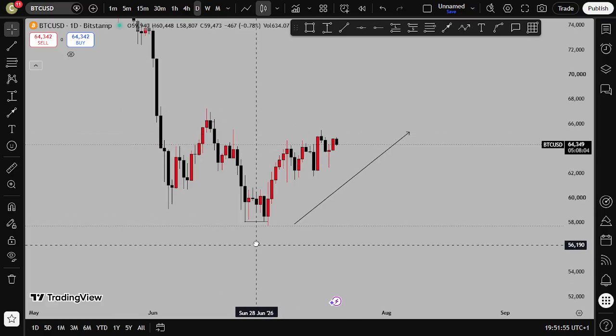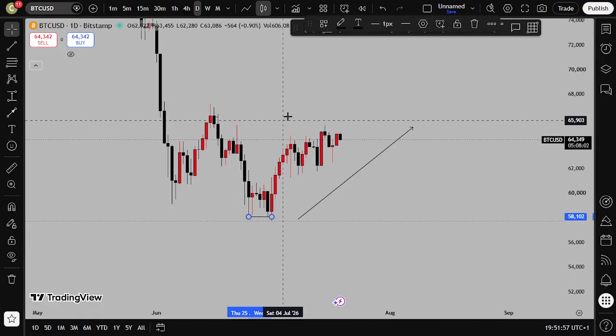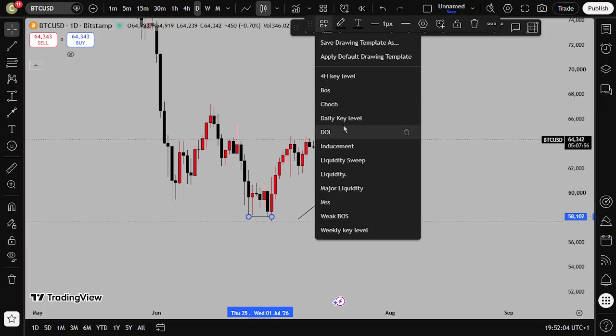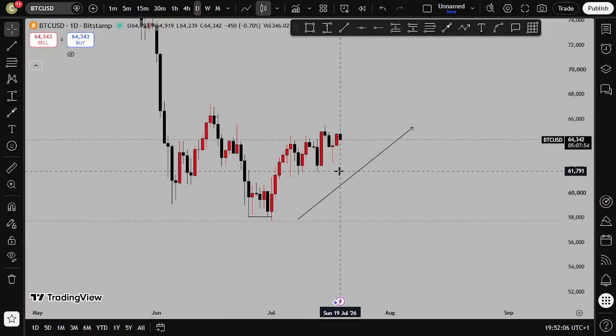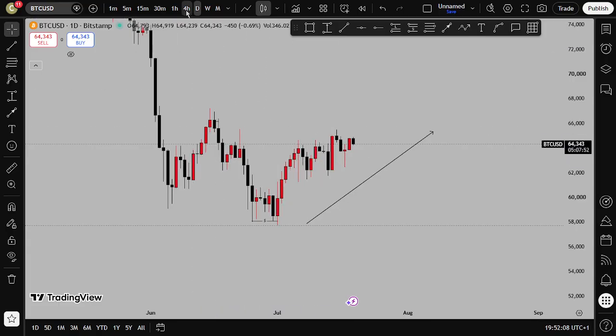That is the sweep here, this liquidity sweep. Price has been pushing upward on BTC. Going to the 4 hours to determine our structure.